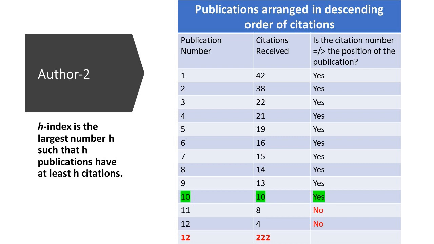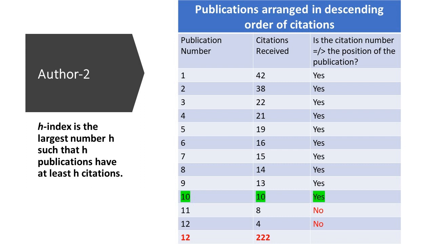Now author number 2, again he has published 12 papers. The citations received have been mentioned in column number 2. The first paper has received 42 citations, the second paper 38, and so on. Till you come to number 10, the 10th paper has received 10 citations.